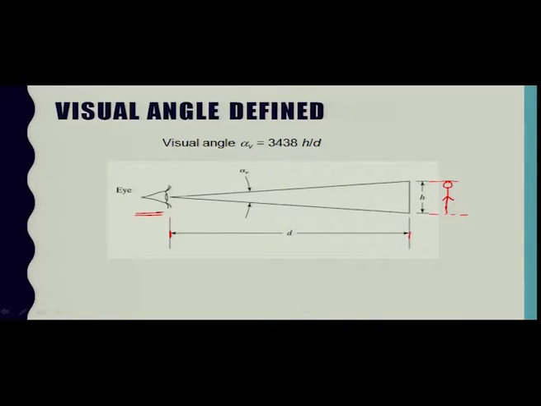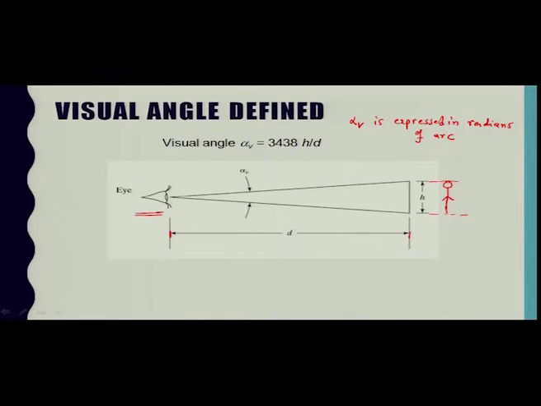So generally alpha v is expressed in radians of arc. So this is usually converted into arc minutes.